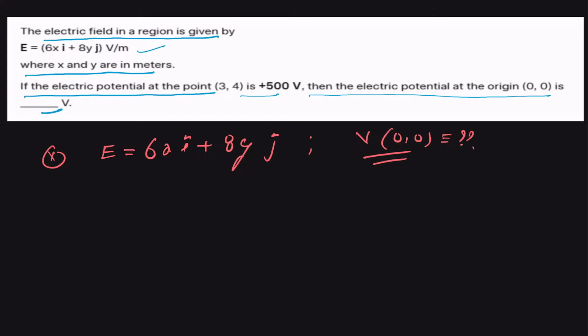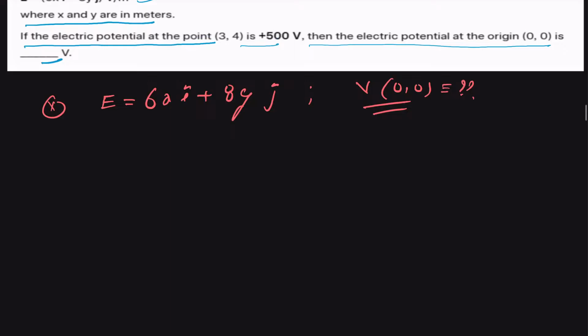So we can use the relationship between our E and V. So we know that our electric field is given as a gradient of our potential, and in terms of our integral form we can write it, which we have generally studied, is V at R2 minus V at R1 is equal to minus integral of R1 to R2 E dot dl.